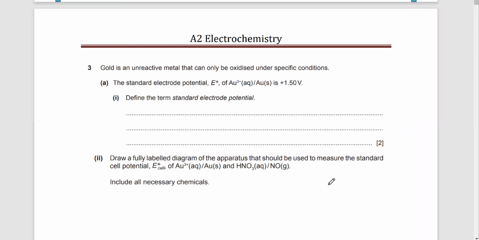This part says gold is an unreactive metal that can only be oxidized under certain conditions; define the term standard electrode potential.